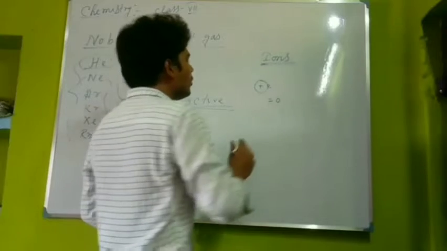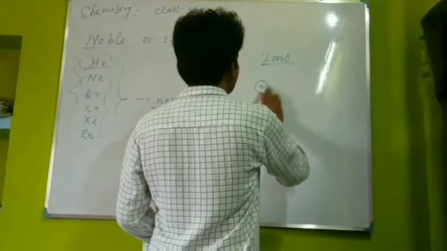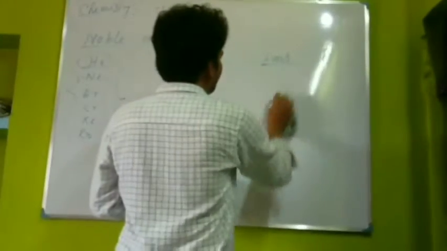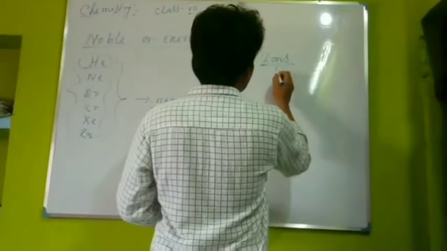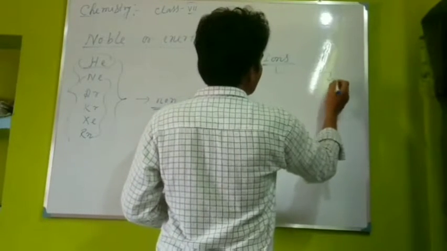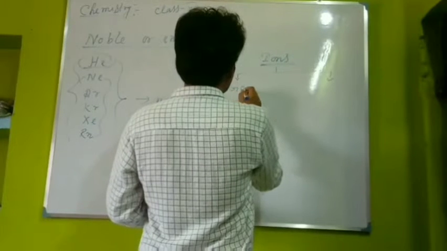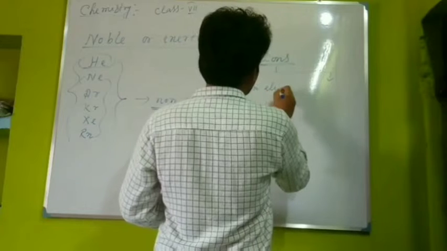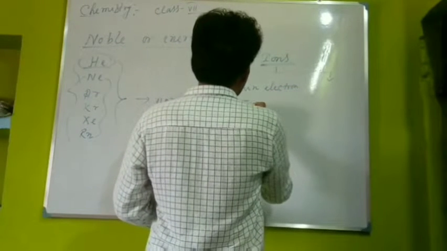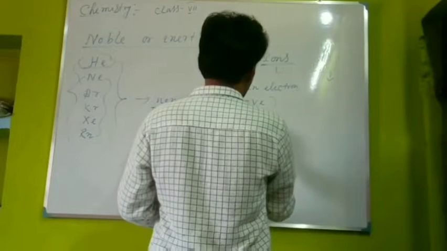Now, when an atom gains or loses electrons, then it will convert into ions. When it gains electrons, it is converted to a negatively charged particle and is called an anion.